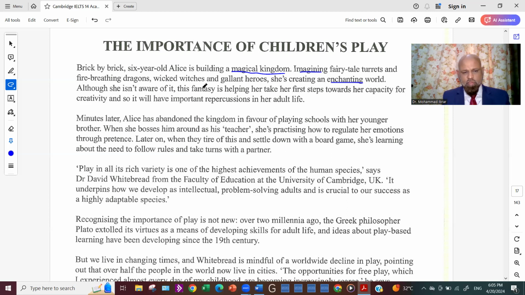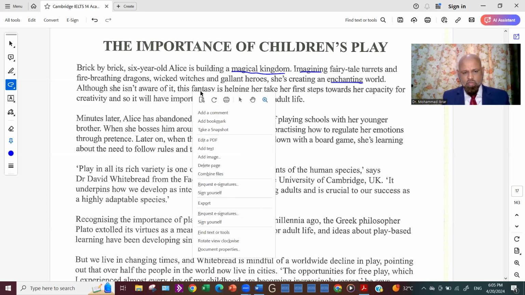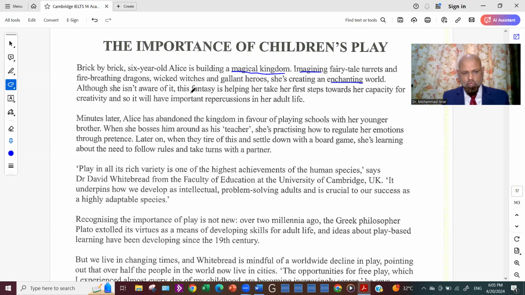Although she's not aware of it, this fantasy, again, about imagination, is helping her take her first steps towards her capacity for creativity. Again, so fantasy or imagination helps in something. Now see, ability for creativity, and so it will have important repercussions in her adult life.